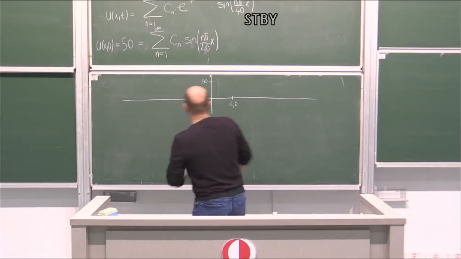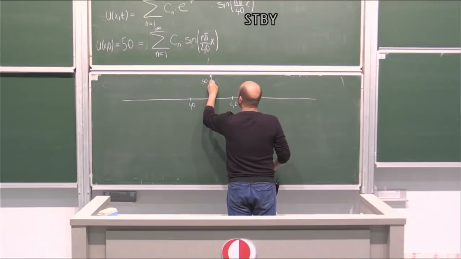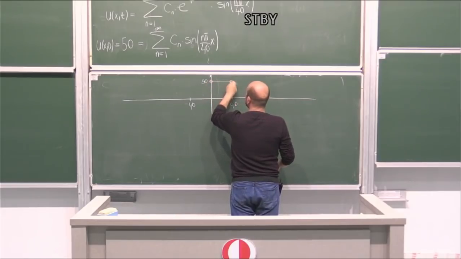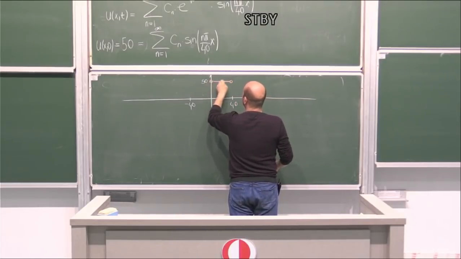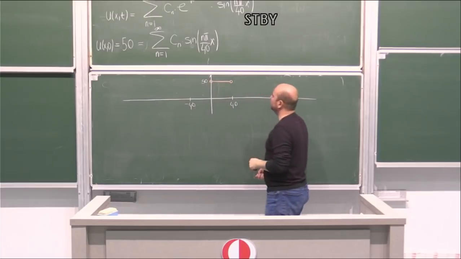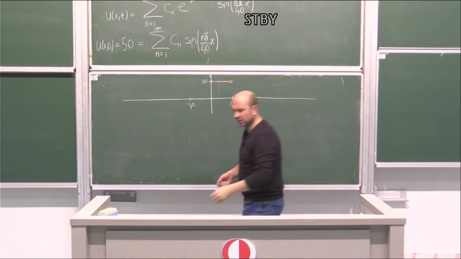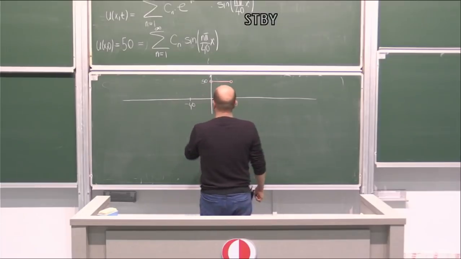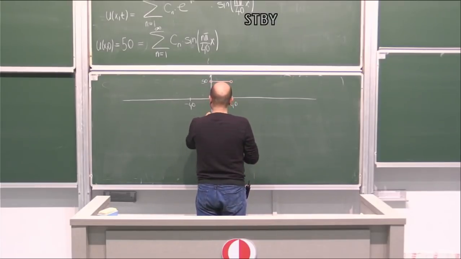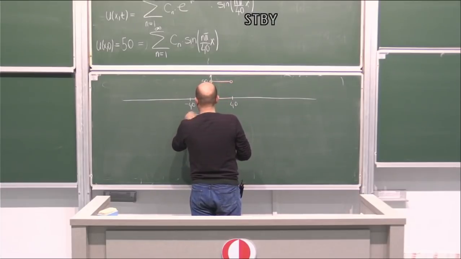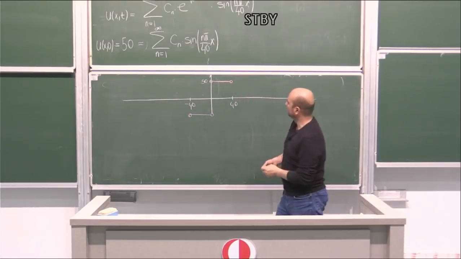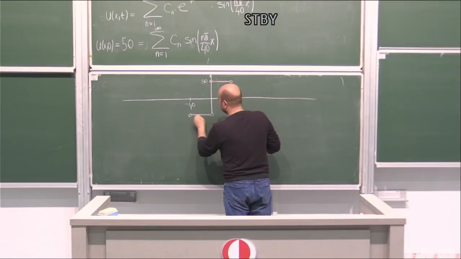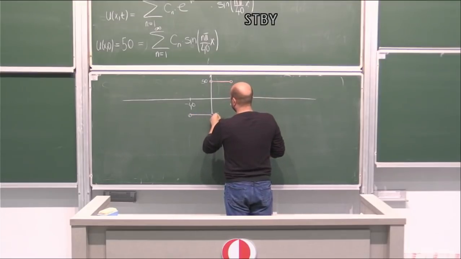So we have the constant function 50 here. Now I need to find its sine series, so I will extend it the odd way. Now this is minus 50.